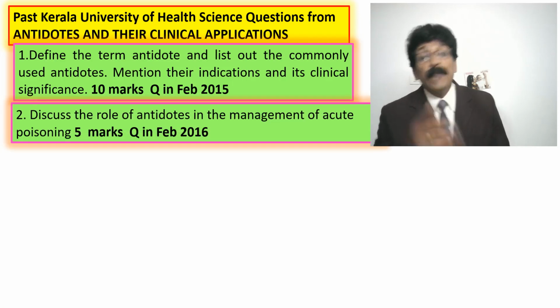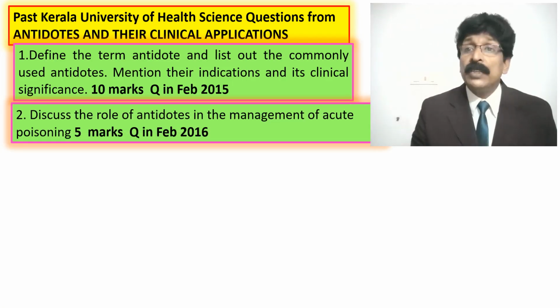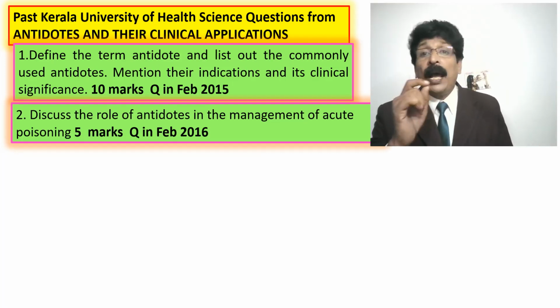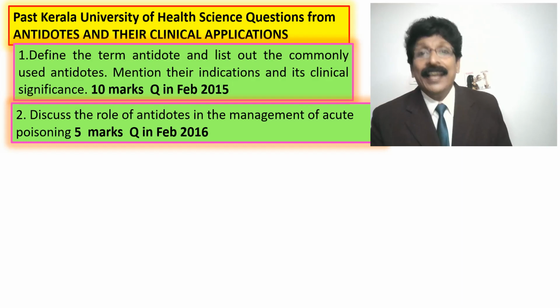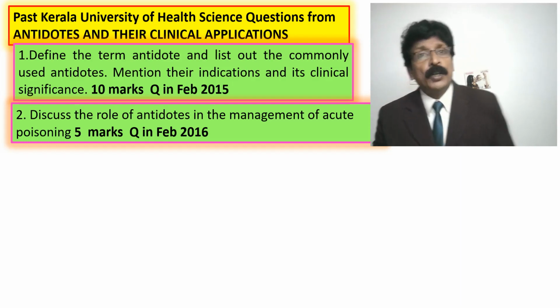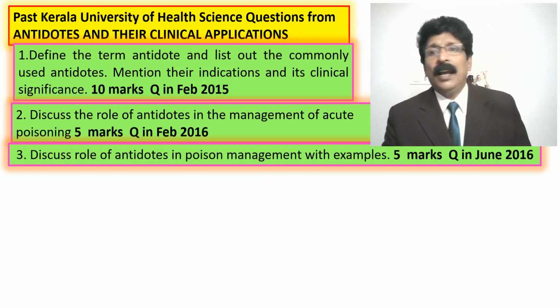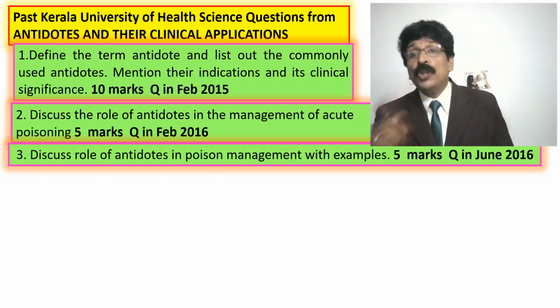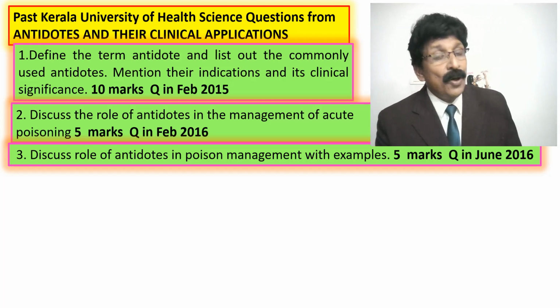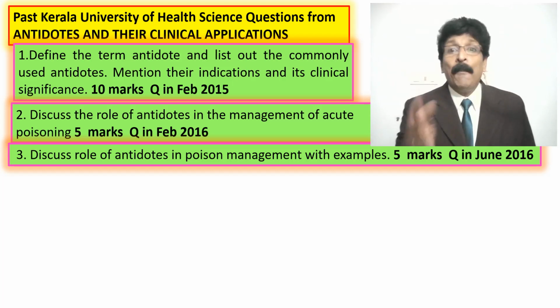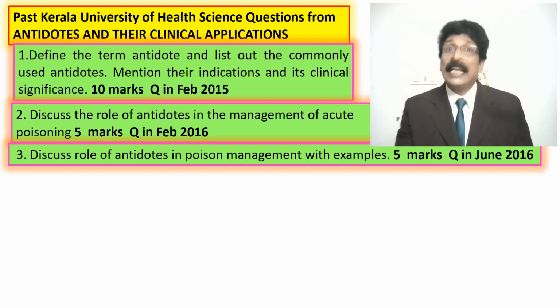A 5-mark question in February 2016: discuss the role of antidotes in the management of acute poisoning. Again in June 2016, a 5-mark question: discuss the role of antidotes in poison management with examples.